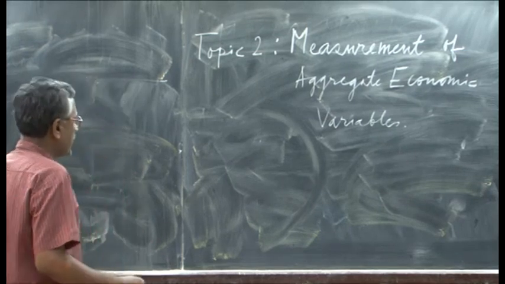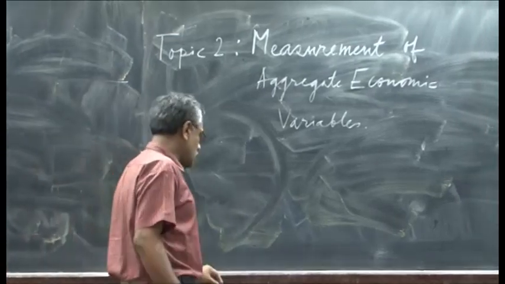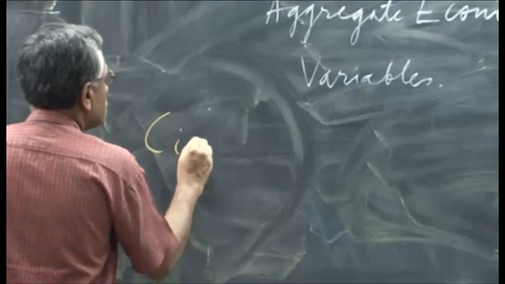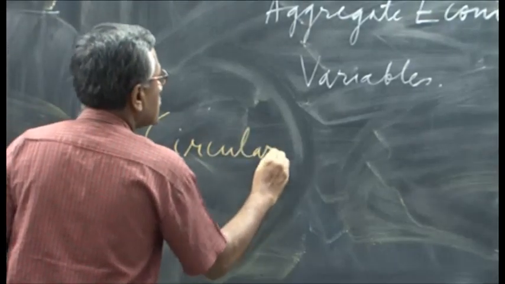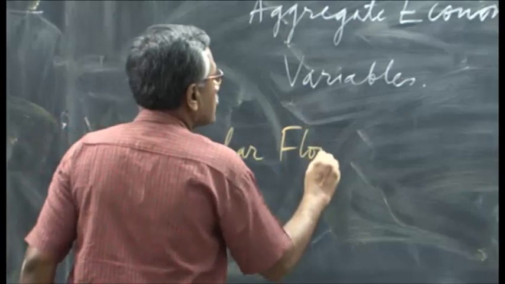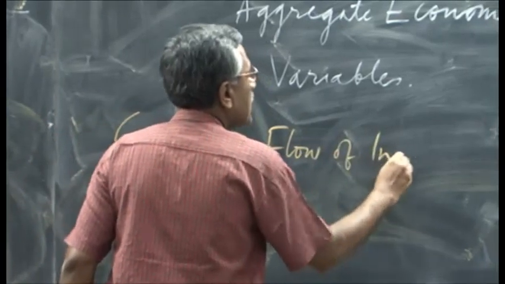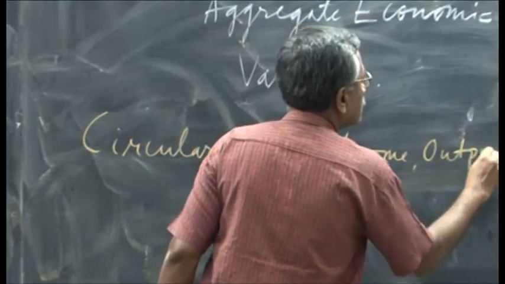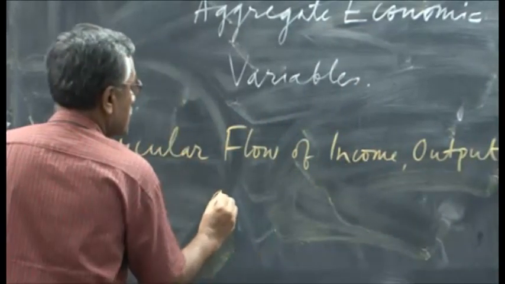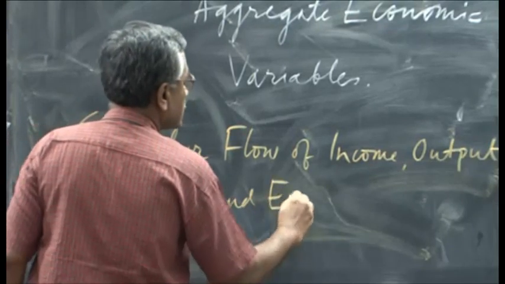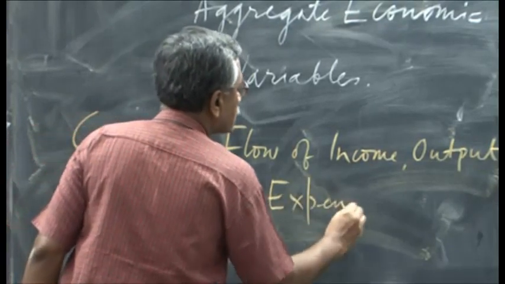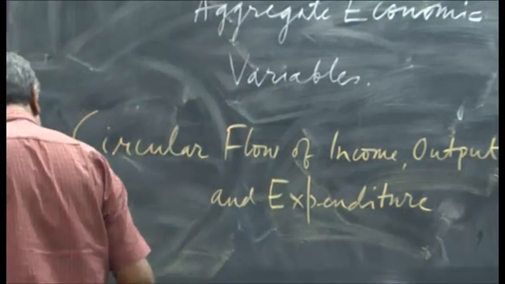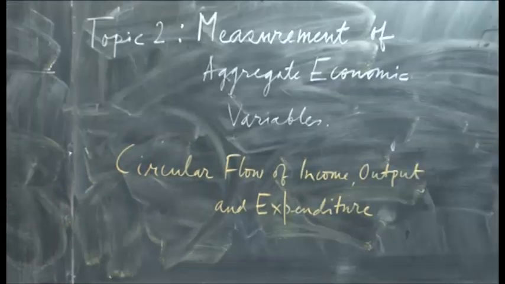The first part of this topic is known as the circular flow of income, output, and expenditure.